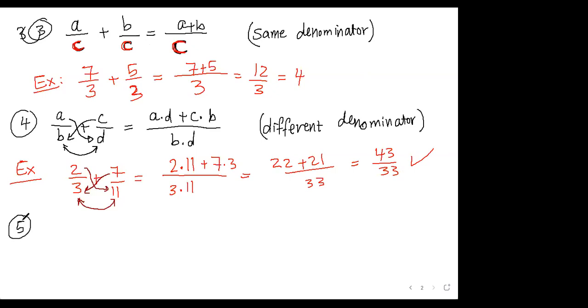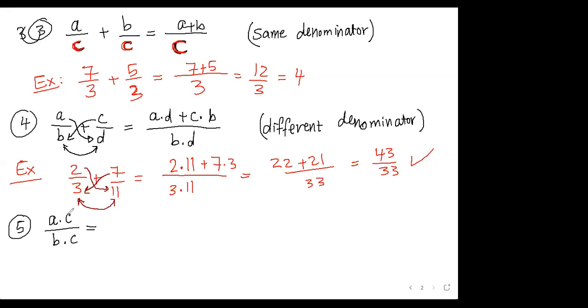Suppose I have a fraction that looks like this: A times C over B times C. This is called having a common factor.